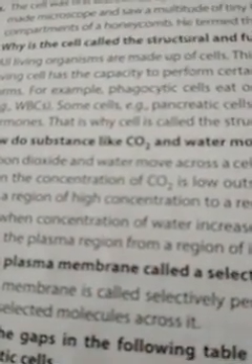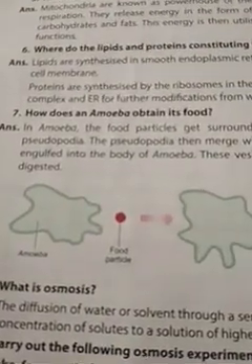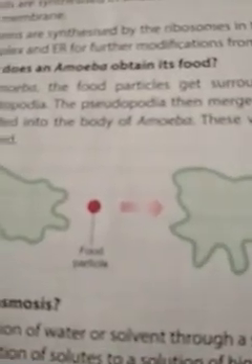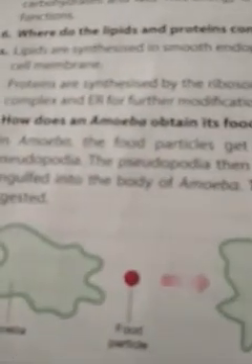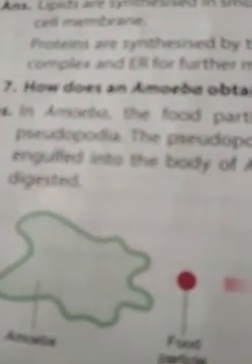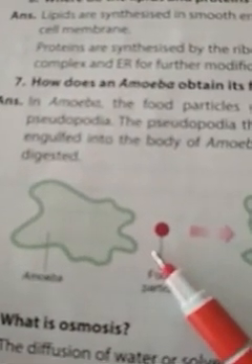And my dear students, come to the next question that is based on the nutrition of amoeba. How does amoeba obtain its food? Dear students, there is a process called phagocytosis, and by the process of phagocytosis, amoeba obtains food in the water with the help of pseudopodia.